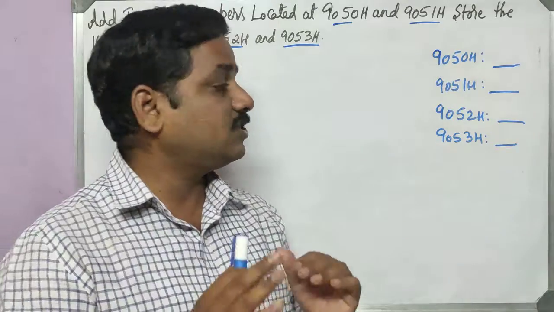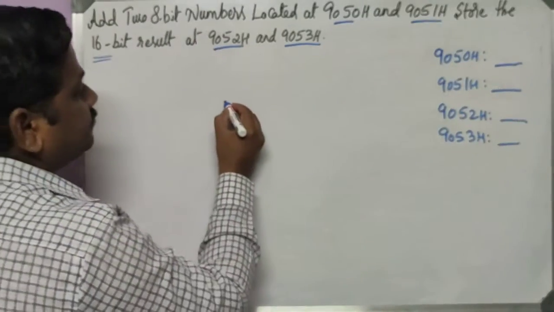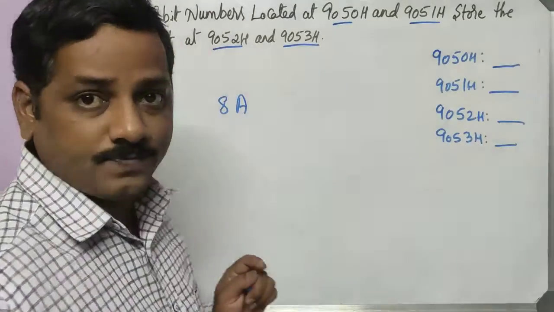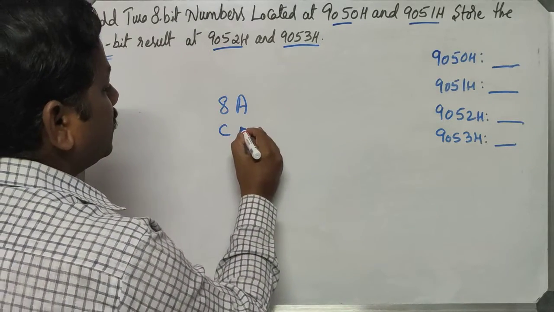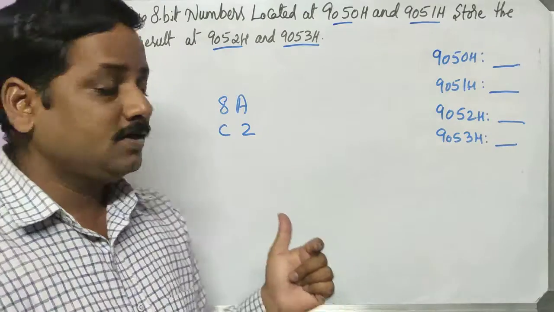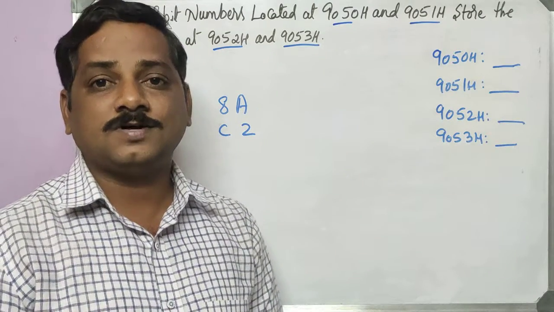Let me explain with an example. Say at 9050, I'll take one data like this. Say 8A. This is the one data. At 9051, let me take one more data, that is C2, and add these two. Generally you should take up some hexa numbers because this is a hexadecimal concept.